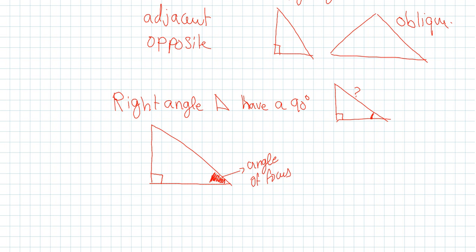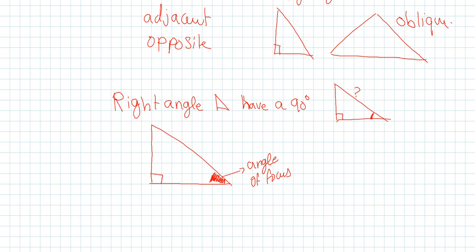Then how would I name my triangle? When it comes to the right angle triangle, I'm going to have to name the sides. So I'll have a hypotenuse, I'll have an opposite, and I'll have an adjacent. These are the three names that we name the right angle triangle with. Okay? Hypotenuse doesn't change. Hypotenuse is always the side that is opposite to which?